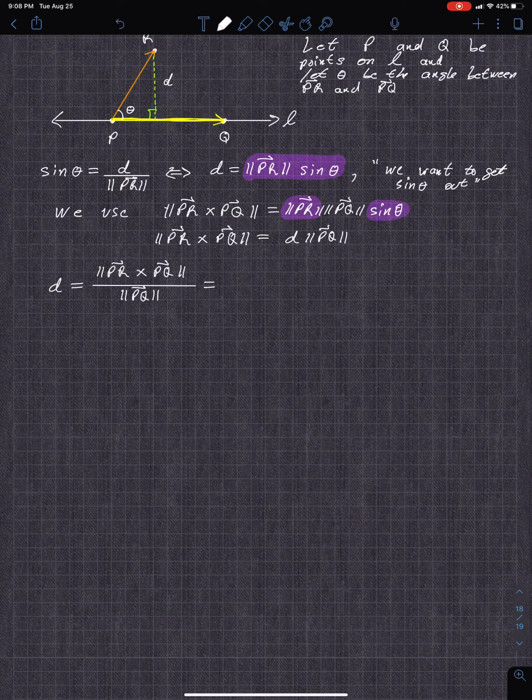So that's equal to magnitude of PR cross V, the direction vector, over magnitude V, where V is the direction vector.